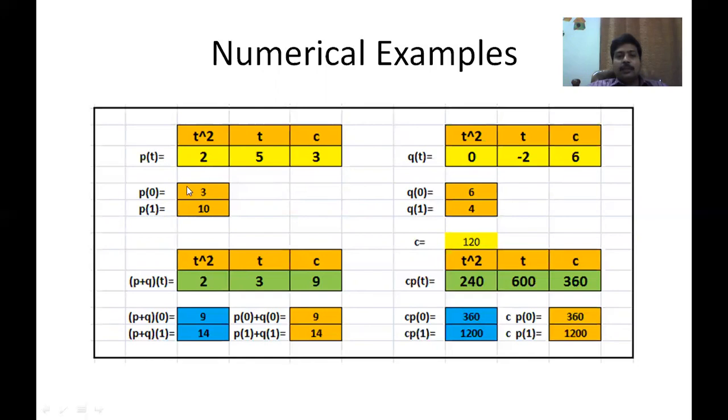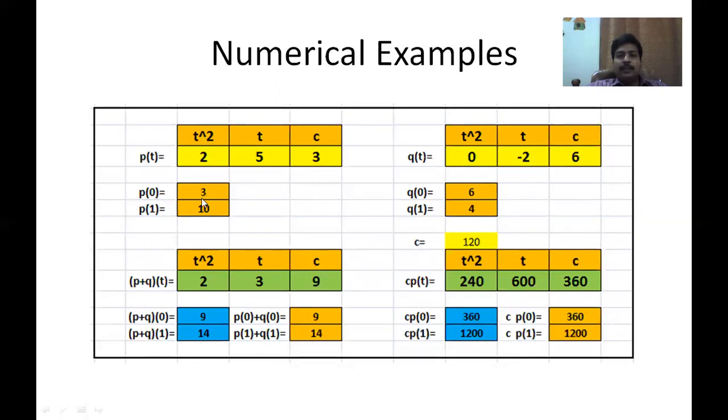Then after the linear transformation, my p of 0 for this polynomial is 3, since you are substituting 0 in place of t, so 2 into 0, 5 into 0, plus 3, that is 3.